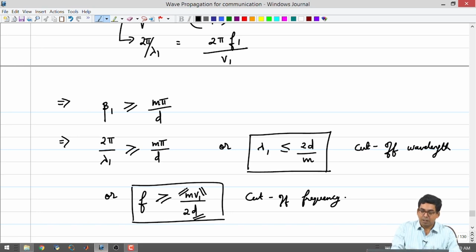You have to choose the frequency carefully, the velocity, the distance between the two plates, the angle of launch, and the profile of the electric field that you want, all carefully. Then you will get a transmission, and inherently the waveguide is going to be a high pass filter, okay. So, we will stop here, we will continue in the next class about this.